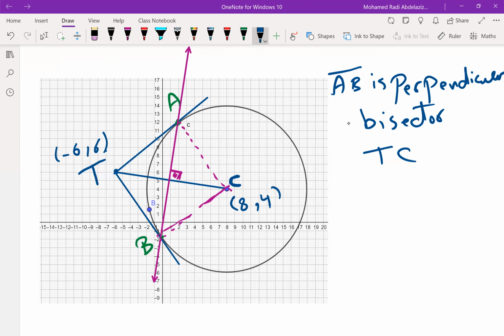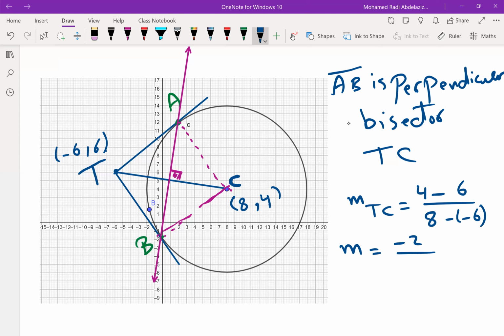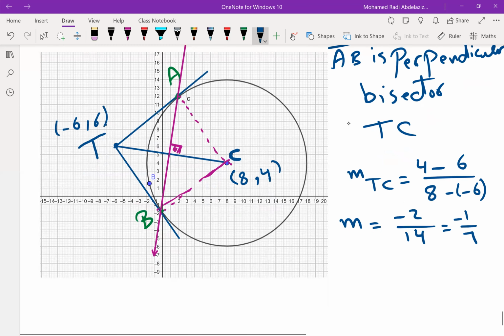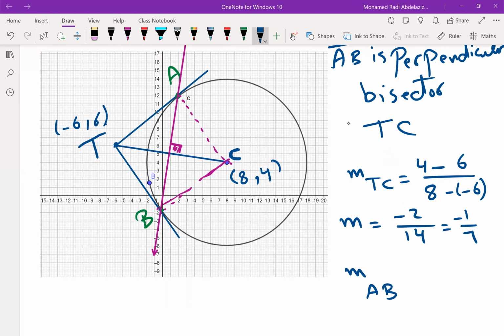You can find the gradient of the line TC: 4 minus 6 divided by 8 minus -6. So the gradient will be -2 divided by 14, which is -1/7. So the gradient of AB, which is perpendicular to the line TC, will be the negative reciprocal, which is 7.